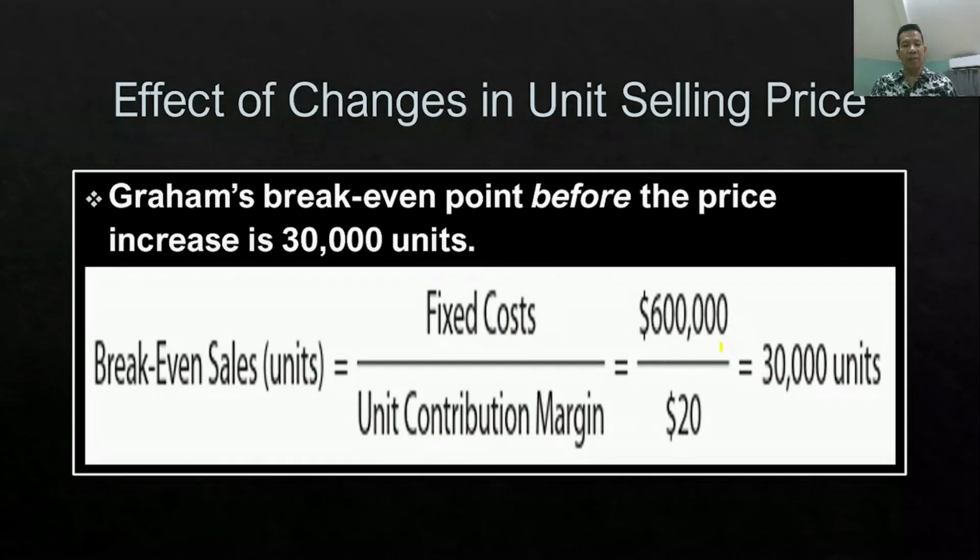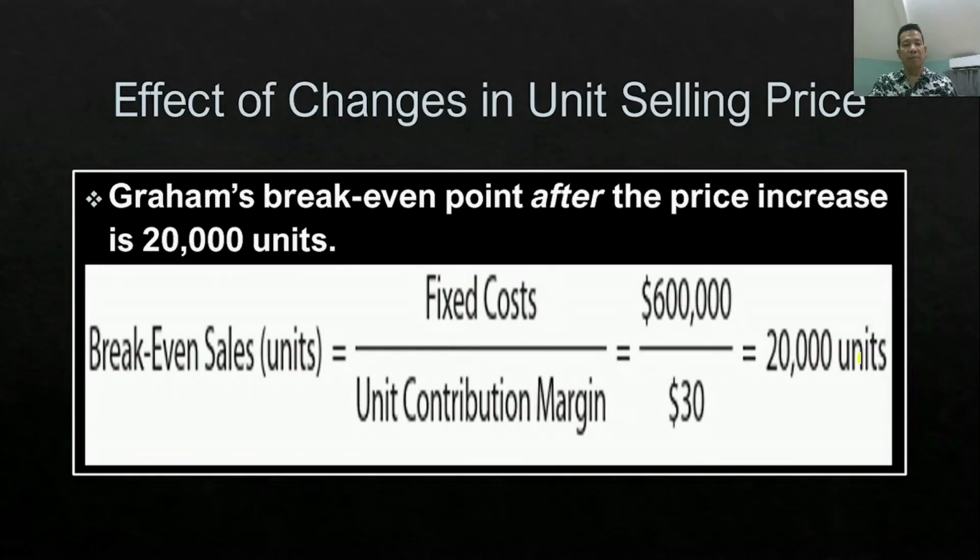We have 600 over 20, so we have 30,000 units. While after na nag-increase sila, ito yung break-even point after: 20,000 units. So, 600 over 30. So, the break-even sales is 20,000. So, mas bumaba yung break-even sales.